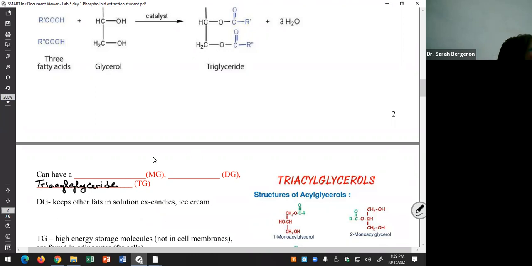I have to say it as I spell it, I'm sorry. So what do you think the MG and the DG stand for? Mono and di, that's exactly right. Monoacylglycerol. Diacylglyceride.